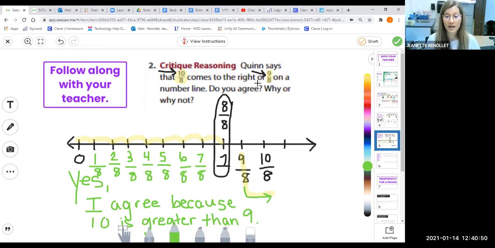I agree that Quinn is correct because 10 is greater than 9. So 10/8 will be to the right, a la derecha, de 9/8. Perfect. Go ahead and check your work and make sure that you have explained that Quinn is correct with his reasoning.